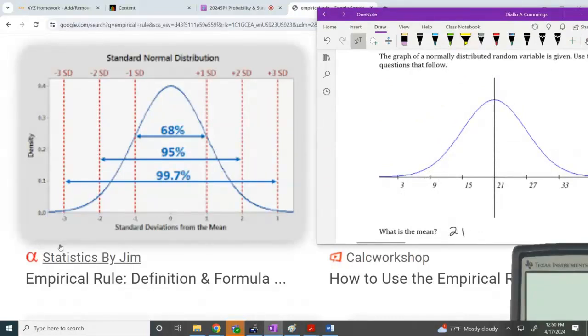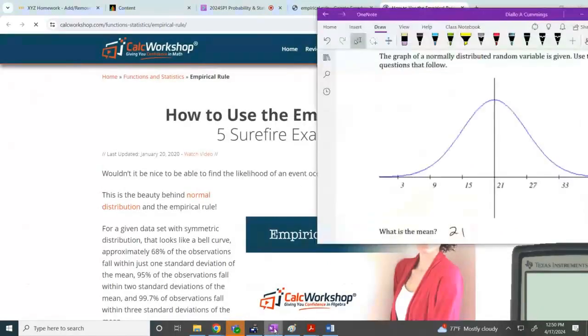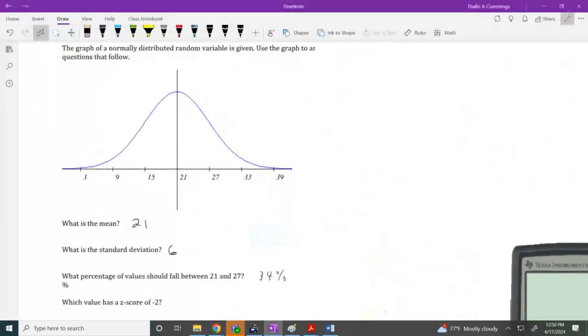Right, because our z-scores are -3, -2, -1, 0, 1, 2, and 3.